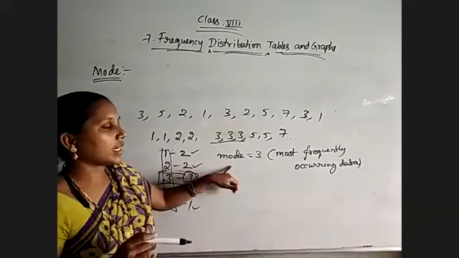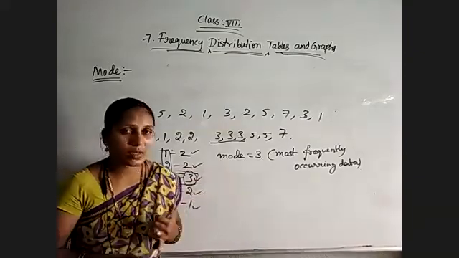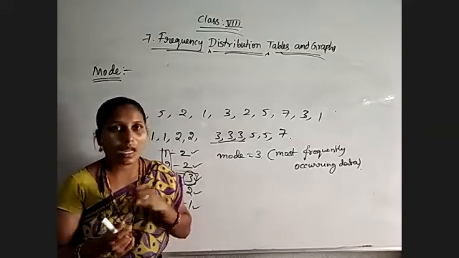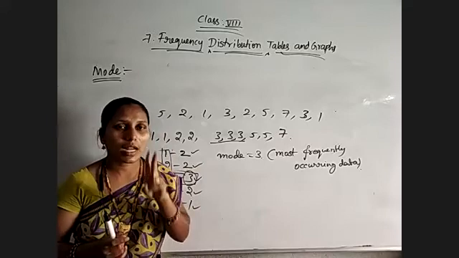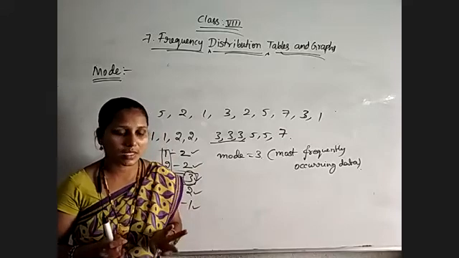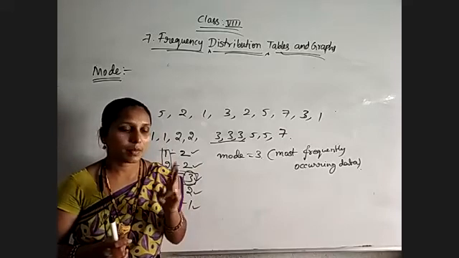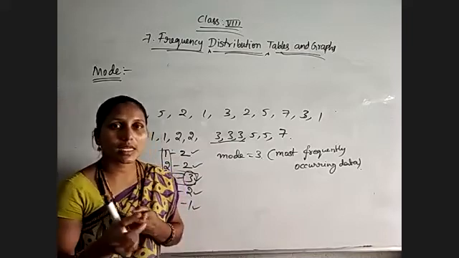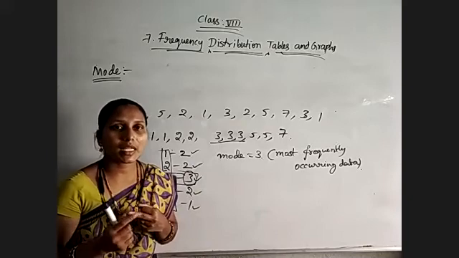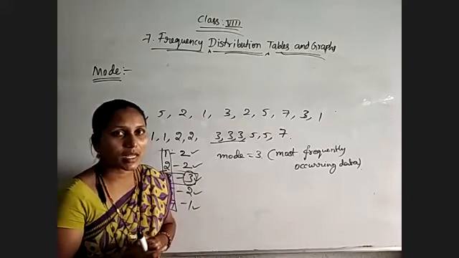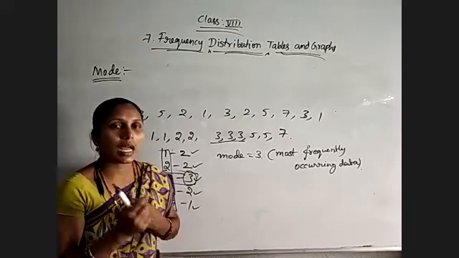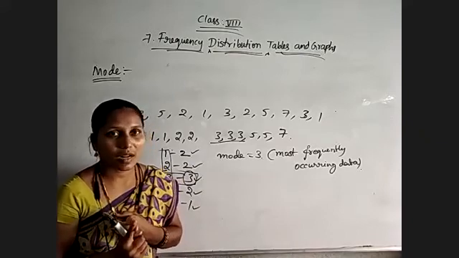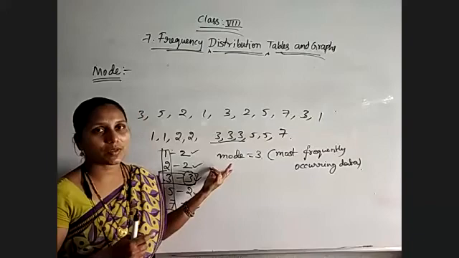So mode does not depend on the number of observations or the value of observation, whereas mean depends on each value of the observation and the number of observations. Median depends on the number of observations and the middle value of the observation. And the mode does not depend on either.